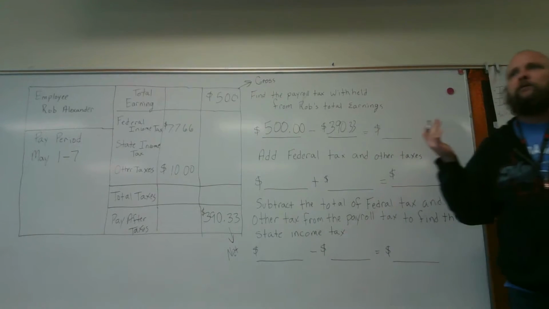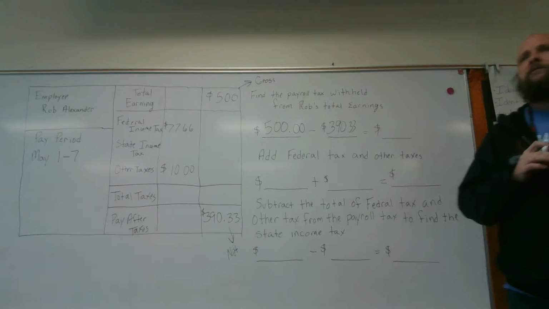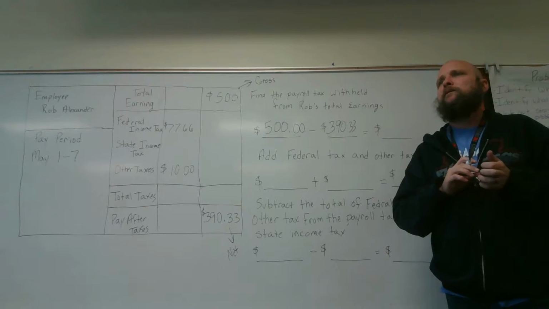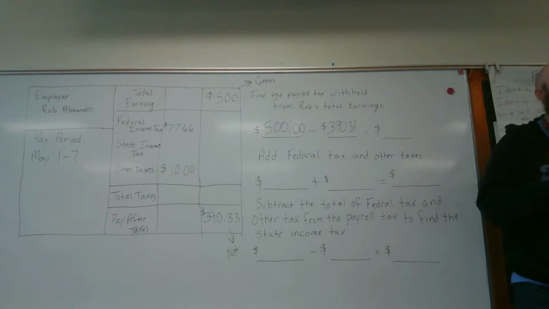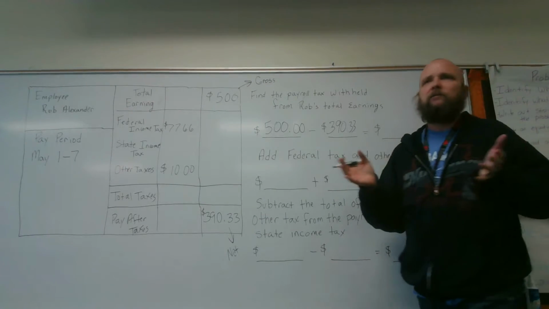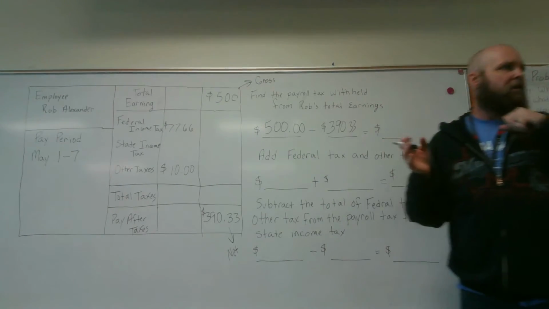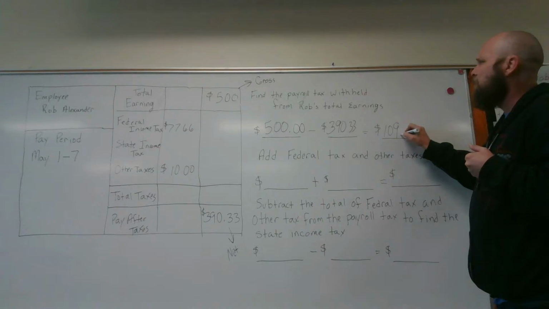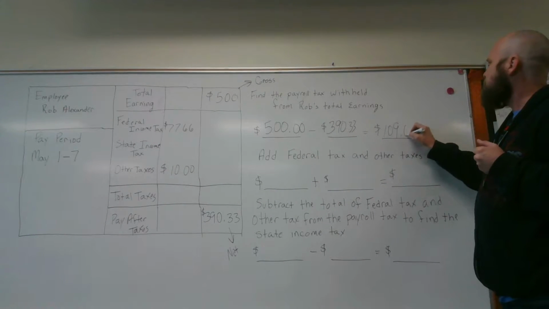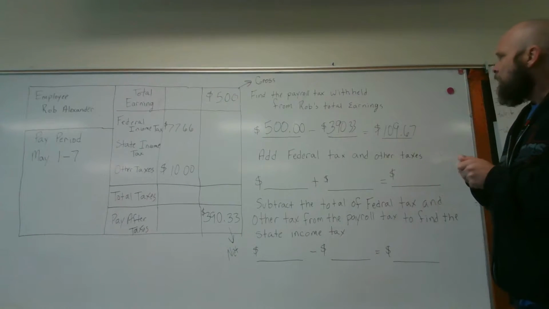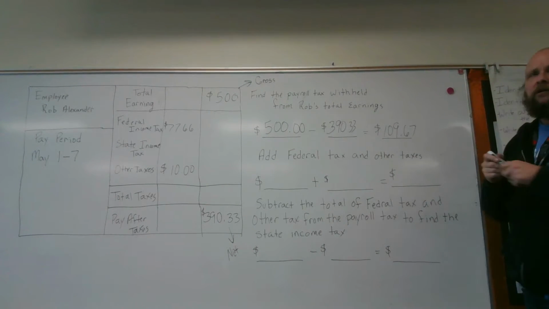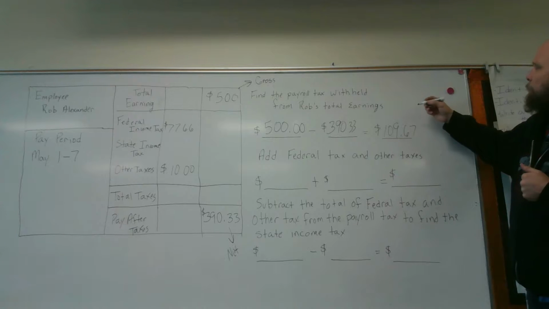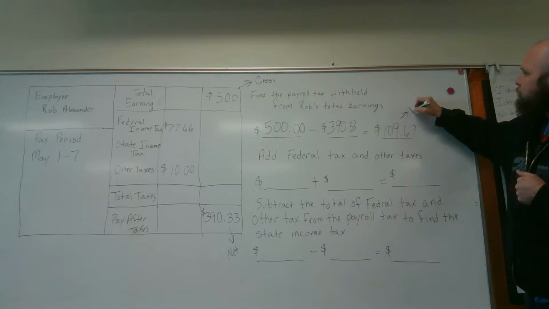No? What'd you get, Preston? $109.67? Yeah. Is that correct? Yep. I got 422. So $109 and what? 67 cents. So this number right here is the payroll tax.